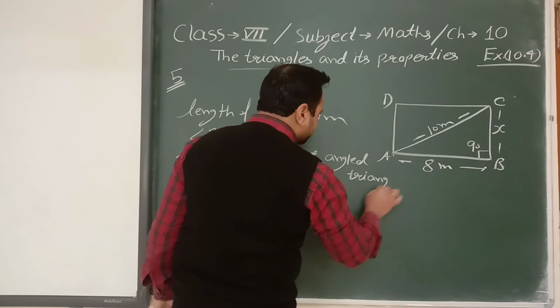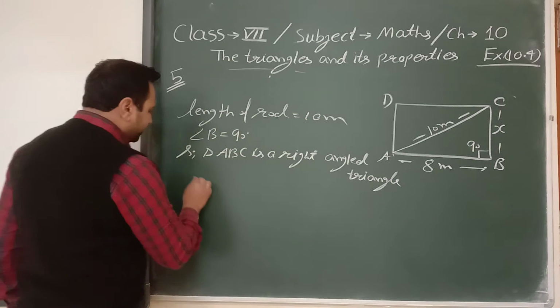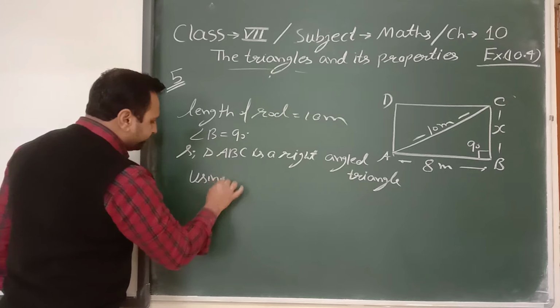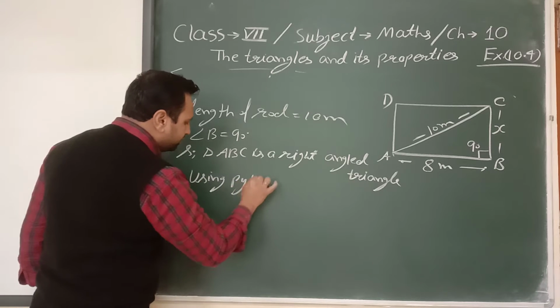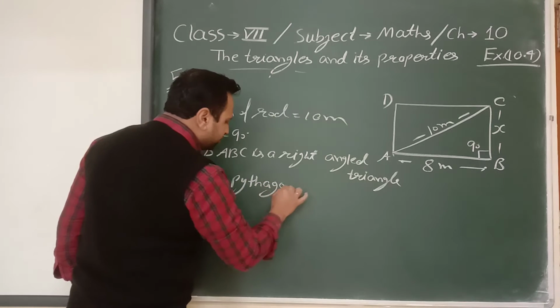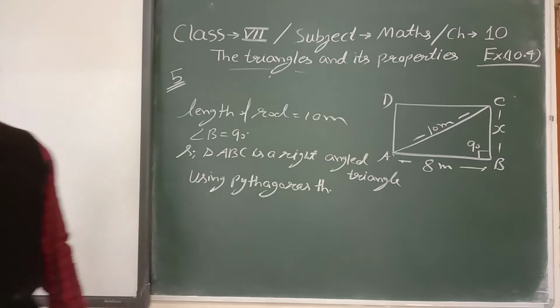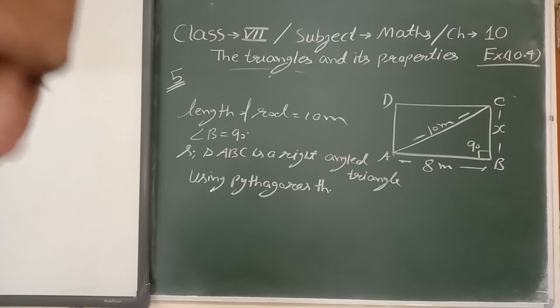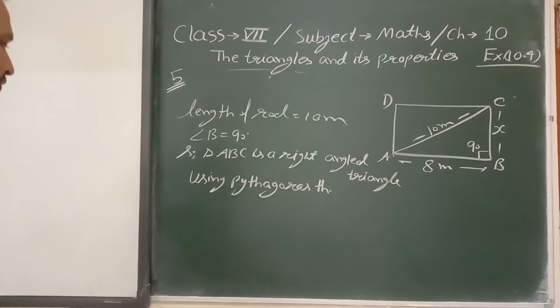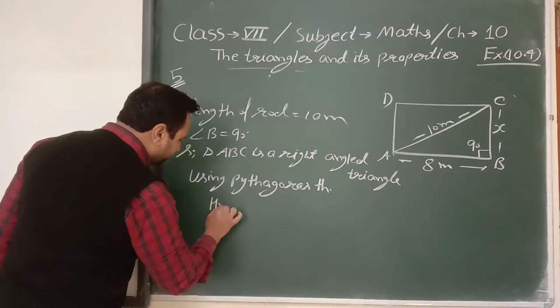So we can use Pythagoras theorem. So what is the Pythagoras theorem? Yes, hypotenuse square is equal to perpendicular square plus base square.